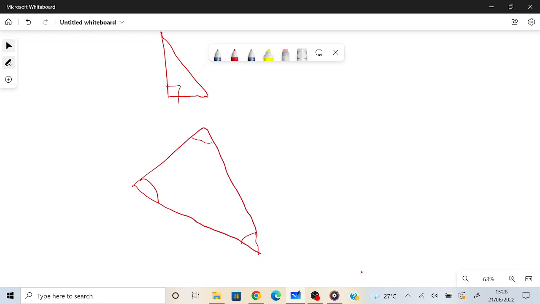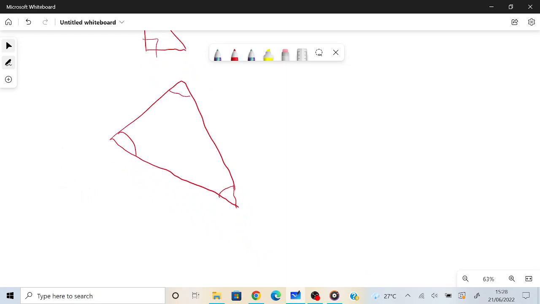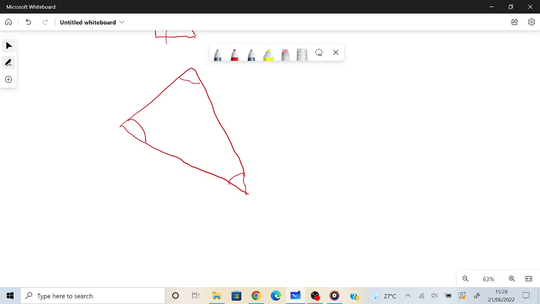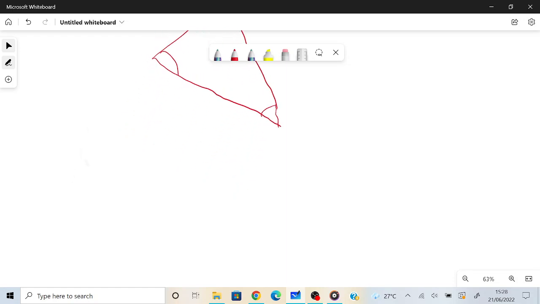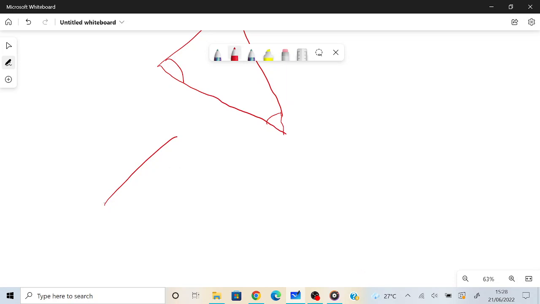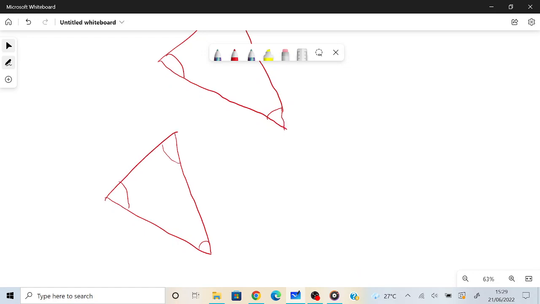Now, the best way to start solving this is by labeling it. What I mean is, if I were to draw something like this now. I have an angle here, I have an angle here, and I have an angle here, which I do not know the magnitude of.